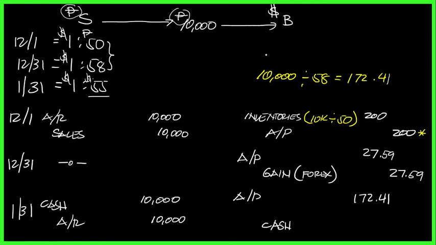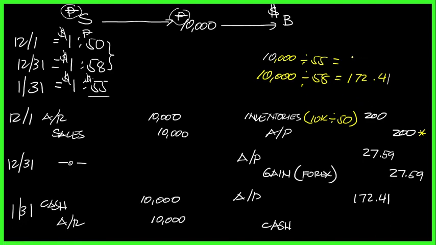That will be 10,000. 10,000 divided by 55. So let's compute. What is 10,000 divided by 55?